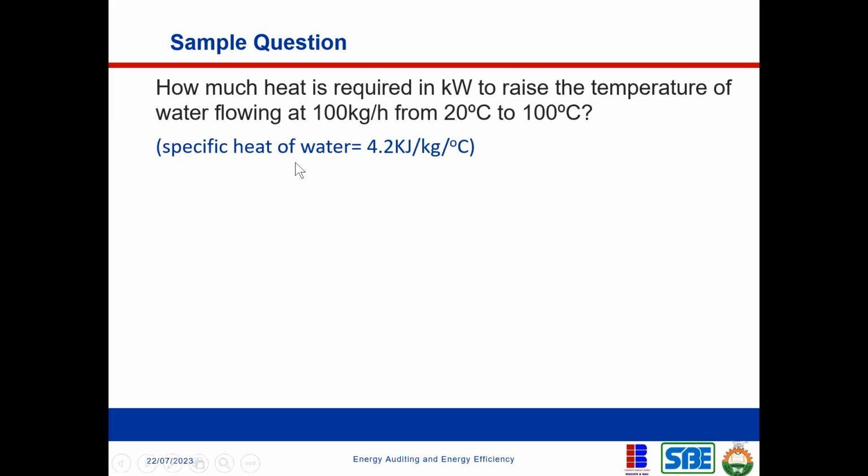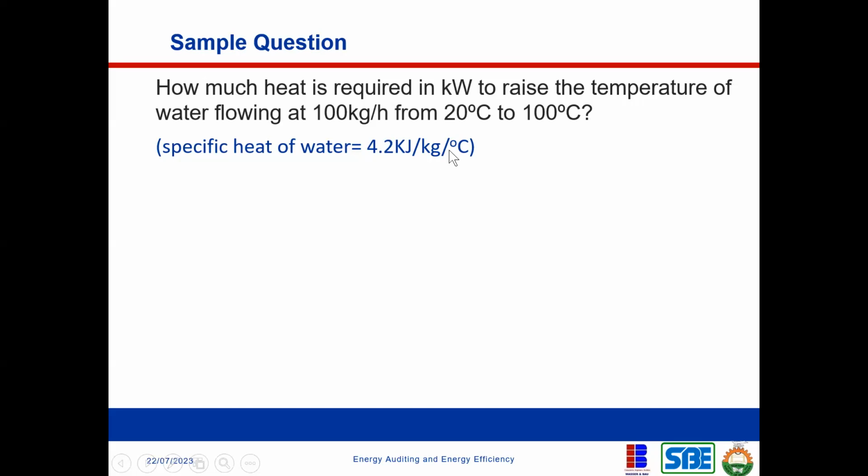Now, like I told you, sometimes if there are constant values that you need, they will provide you those constant values. In this question, they have provided us with the specific heat of water, which is 4.2 kilojoules per kilogram per degree centigrade.